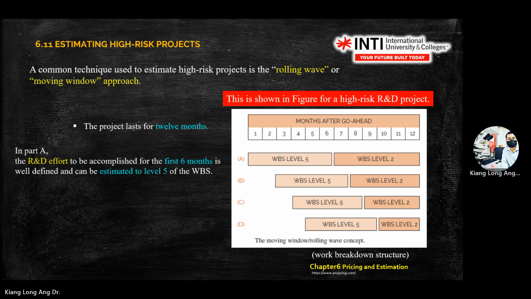So for part A, R&D effort is accomplished for the first 6 months. So you do level 5. They will work from the first month until 6 months, and it can be estimated to level 5.